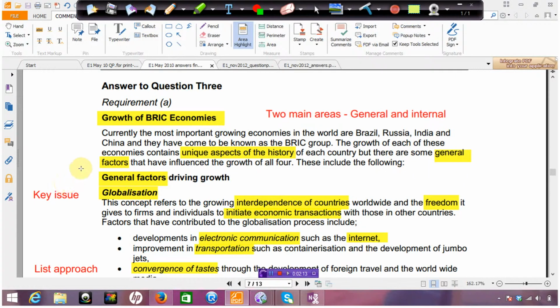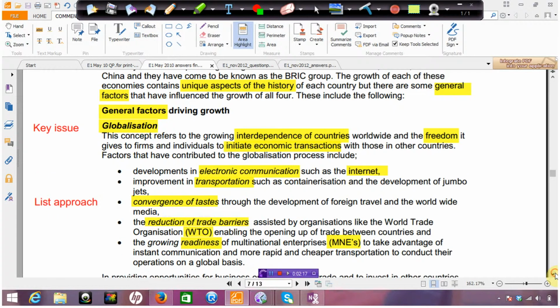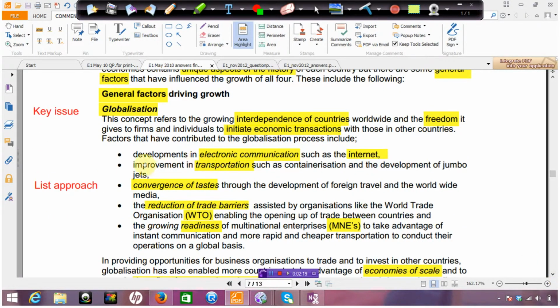Okay, so the first part that they deal with here is this issue of general globalization. And in this first paragraph they define what globalization is. What they say is the interdependence of countries, and the idea that the world is becoming smaller through a variety of factors which are outlined here.